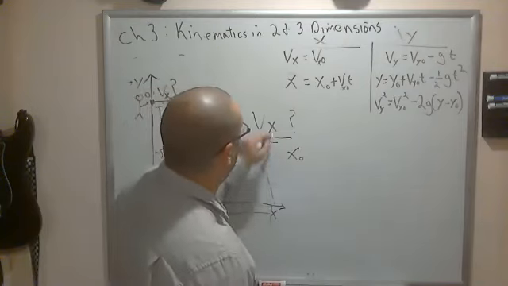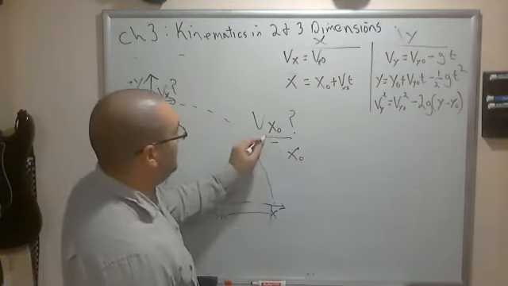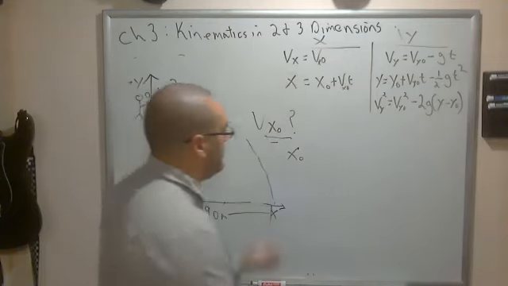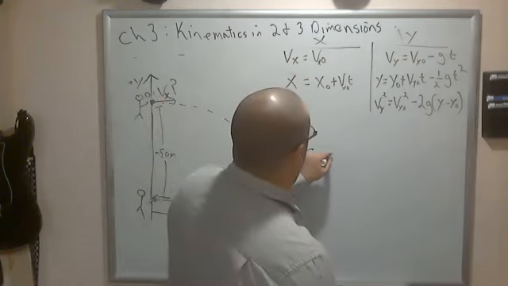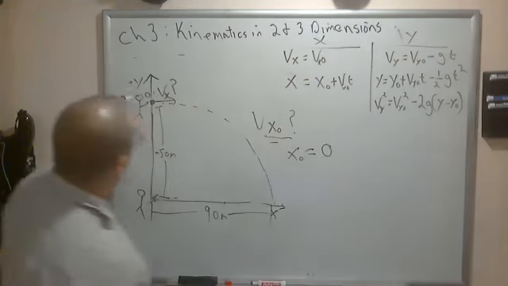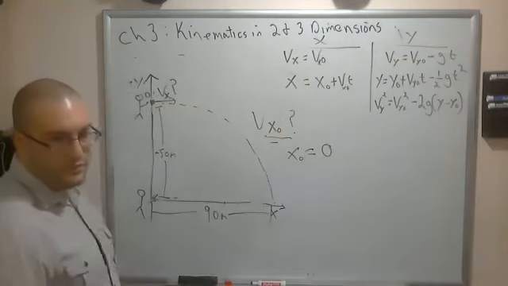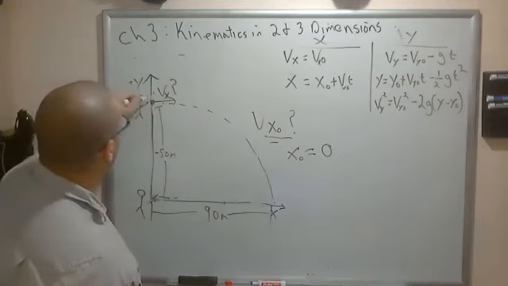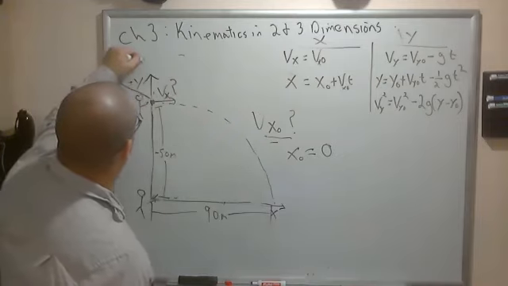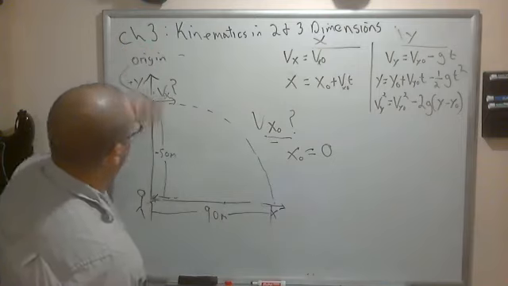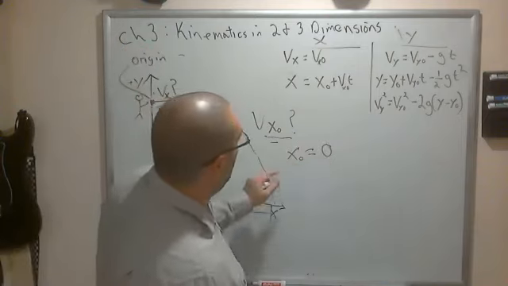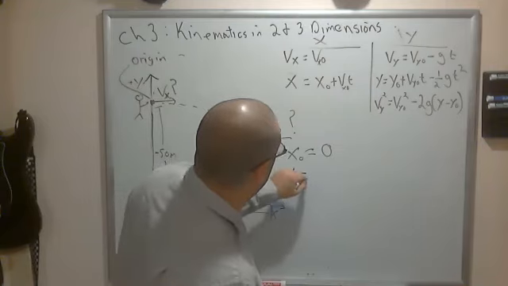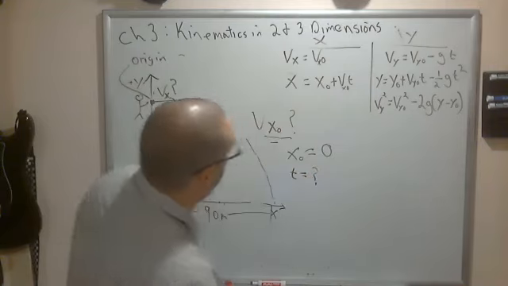I'll write x naught, even though it doesn't change. He goes off the cliff at a height of 0. All right. This is our origin. Let me write it. All right. We know that. We don't know t, right?